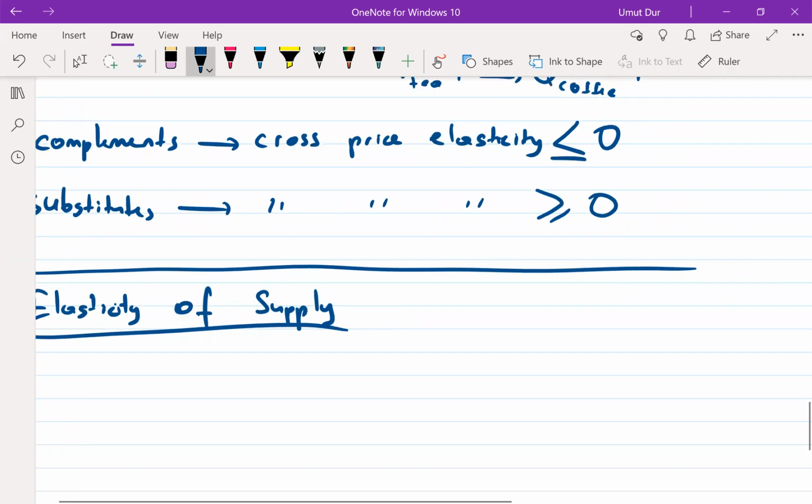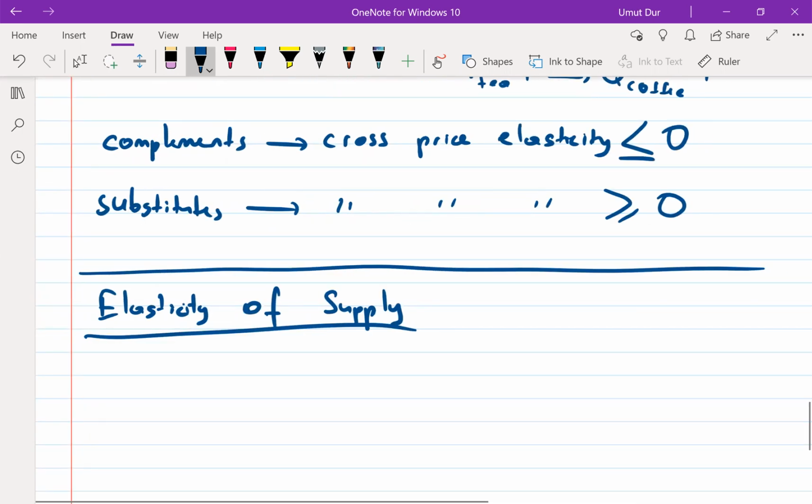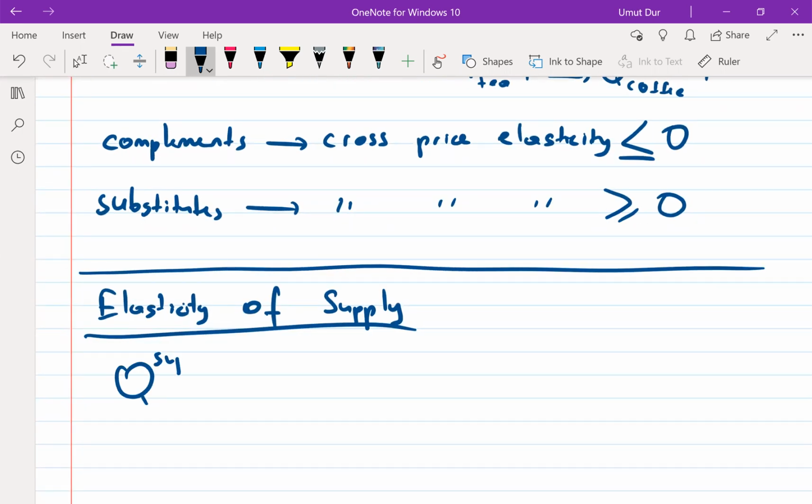If you remember the supply function, it is almost the same, but the difference here is that as price increases, quantity supplied increases. That is the one main thing.